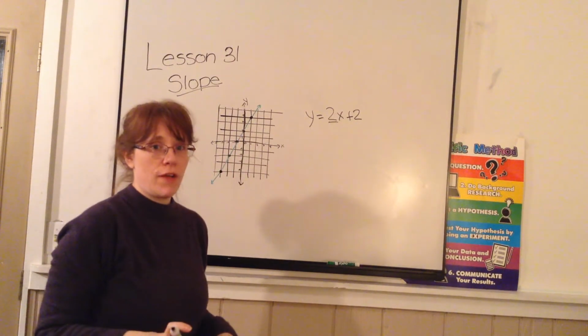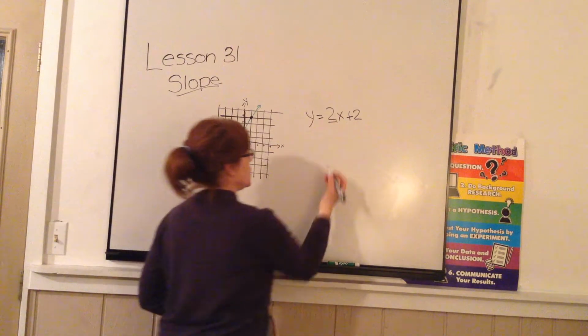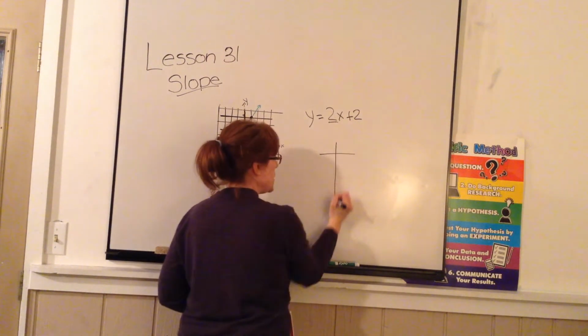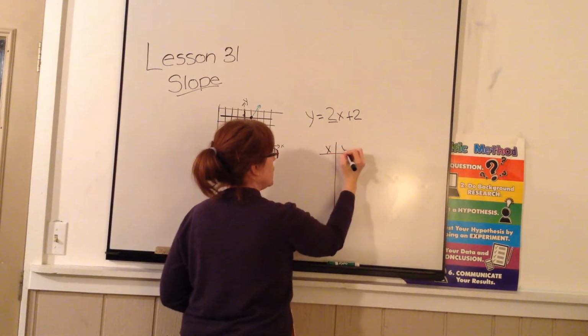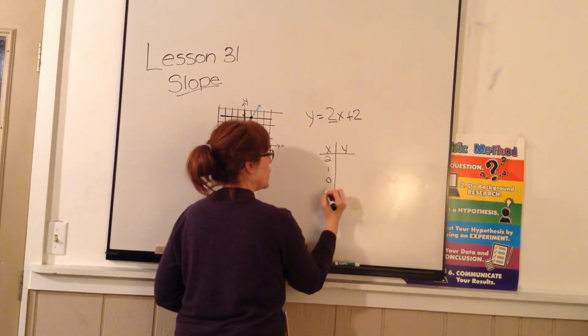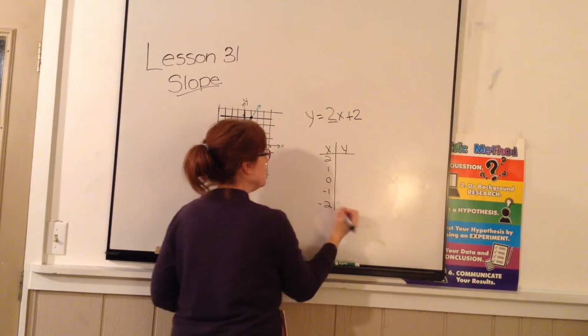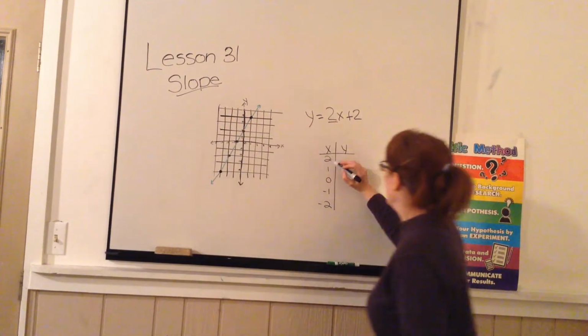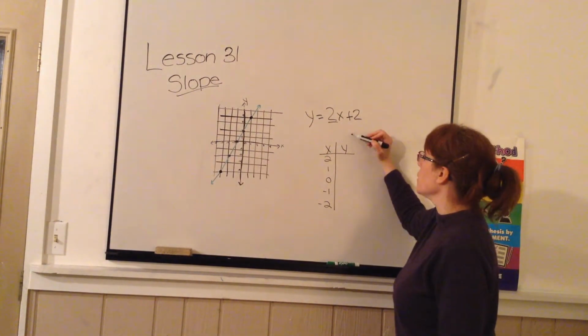I'm going to do a t-table though, because that's what you're used to. So I'll do my t-table with x and y, and I start with 2, 1, 0, negative 1, negative 2. I'm just going to plug my x in for x.